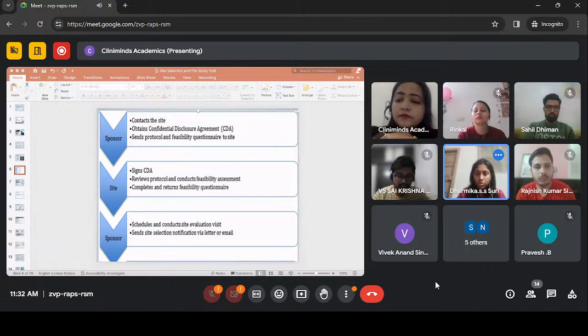So first the CD agreement will be sent back to the sponsor. Okay, so once the CD is signed, after that the sponsor is going to send the feasibility questionnaire and the protocol to the site. Before that, the sponsor is not going to disclose any trial related information to the site.